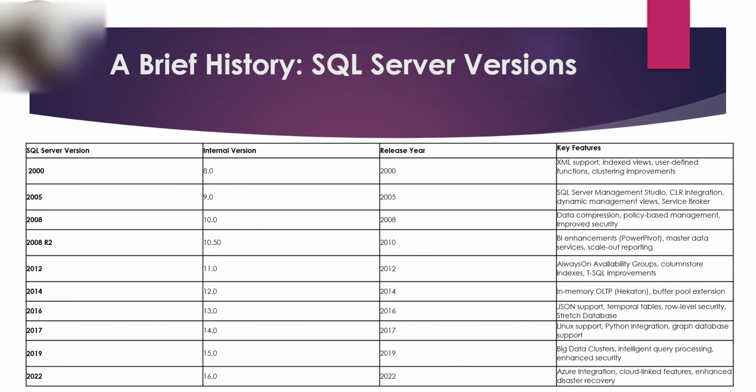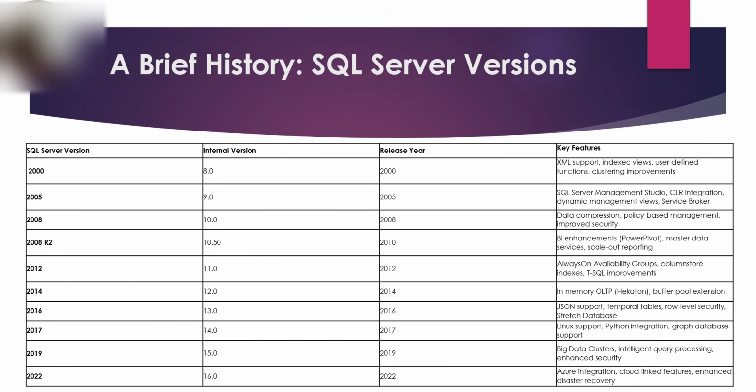In 2016, SQL Server 2016 was released with internal version 13.0, with features like support for JSON, temporal data, row level security, and Stretch Database.